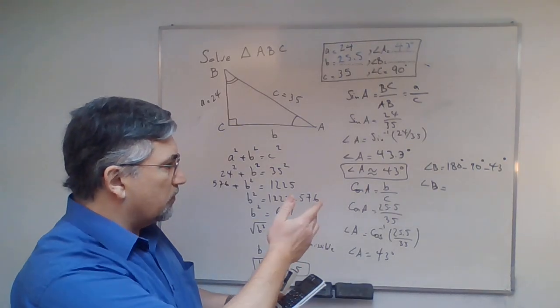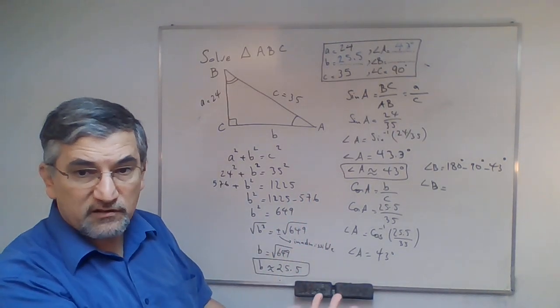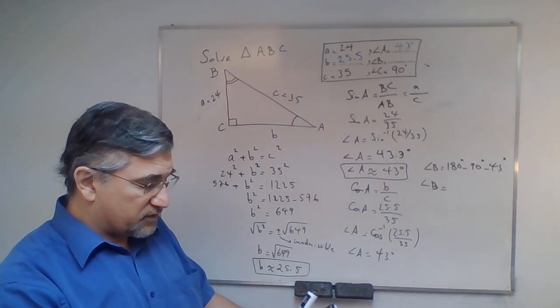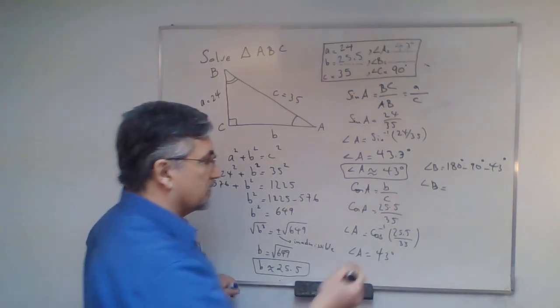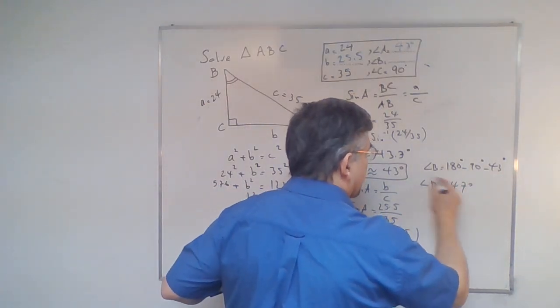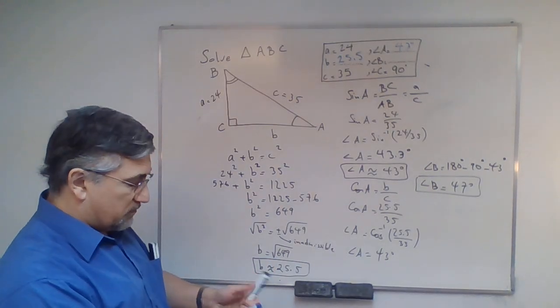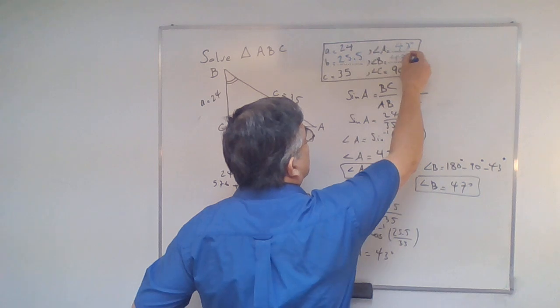So if you already know that one angle is 90 degrees because it's a right angle triangle and the other one is 43, by a simple subtraction, you get 47 degrees for the measure of the remaining third angle. So that is 47 degrees. So I found the last remaining angle, 47 degrees.